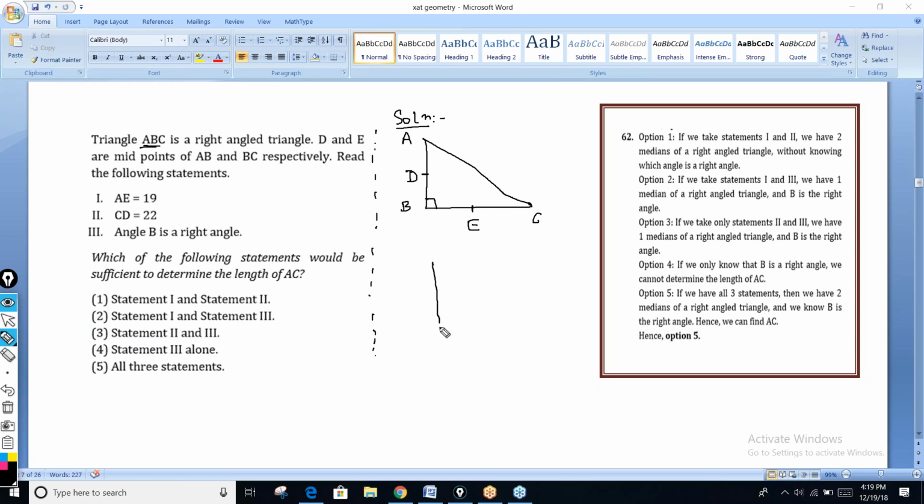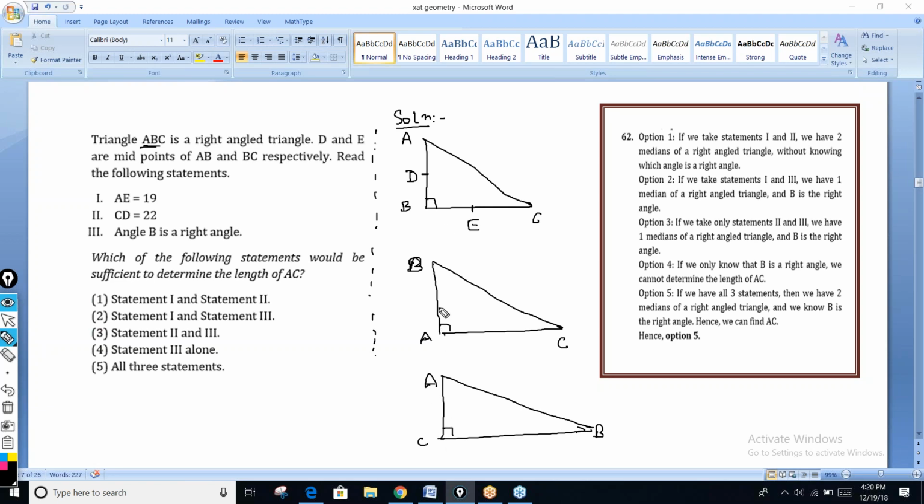Let's say I draw all three combinations. The right angle can be at B, at A, or at C. And then we'll see which is sufficient to answer the question. These are three possibilities. No other possibility exists. So this point can be C, this point can be A, this point can be B.